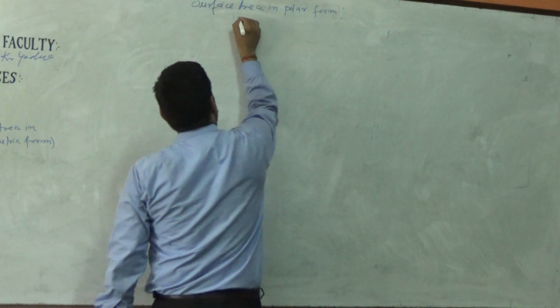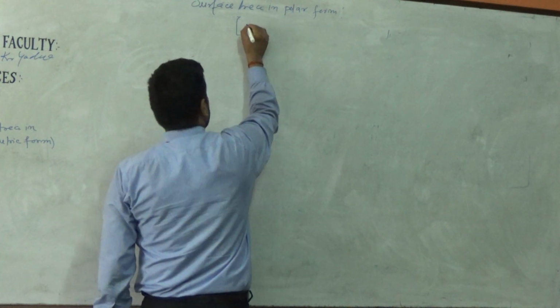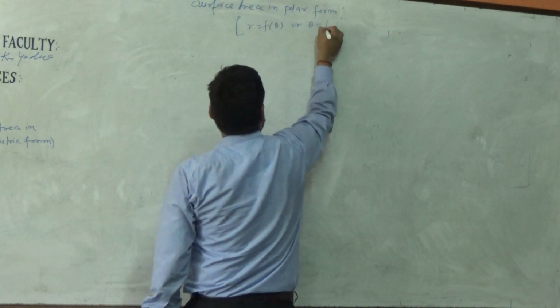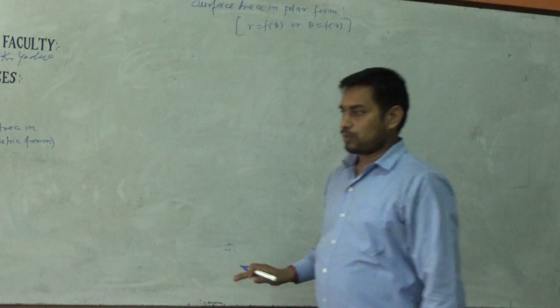It means the equation of the curve is a function of r and theta. That is, r is a function of theta or theta is a function of r, then the equation of the curve is known as polar form.